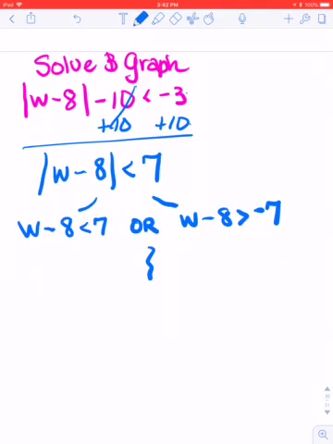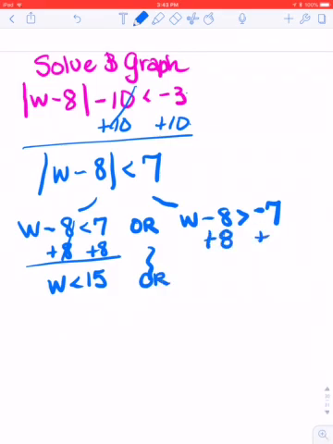Okay, now I just have to solve for w. So with this minus 8 there, I'm going to do the opposite. So I'm going to add 8. So w is less than 15. Bring my or down. Now I'm going to add 8 on both sides here too.